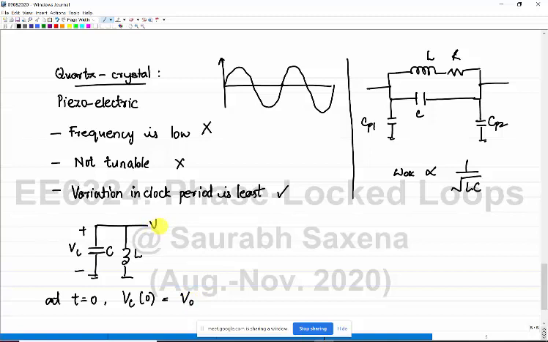What you are going to find is that your V out is going to be a sine wave. You can work out this maths. It's going to be a sine wave where omega naught is equal to 1 over root LC. If we use our own inductor and capacitor, then there is no limit. The only limit is how low an inductor and how low a capacitor we can manufacture, and we can get any frequency we want.